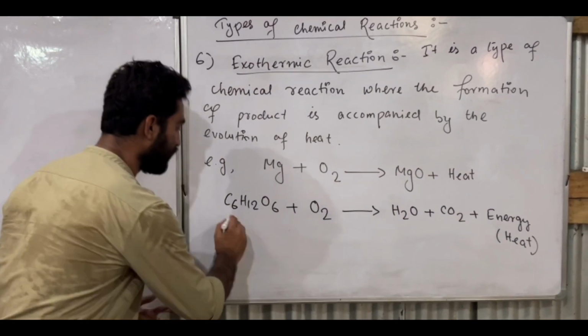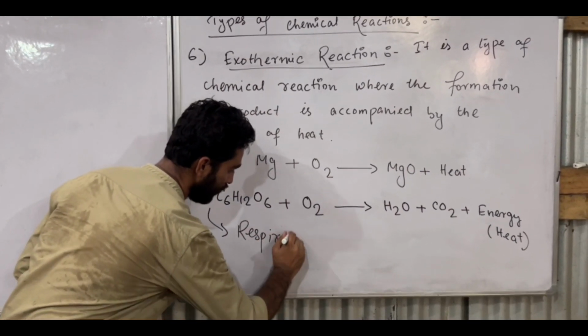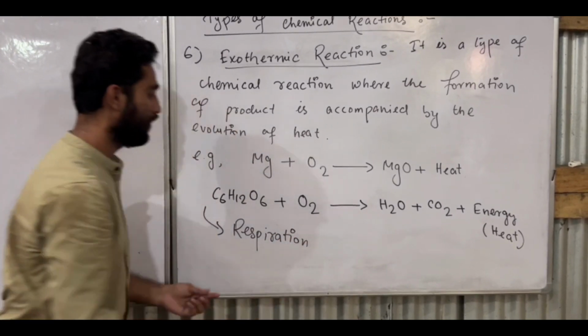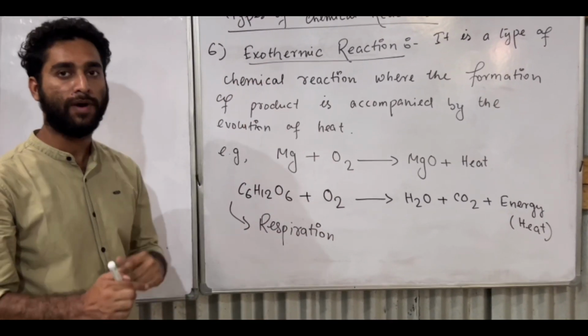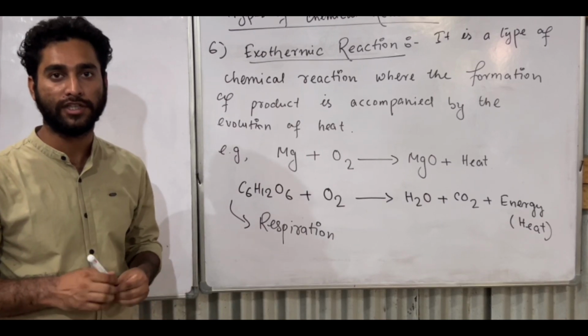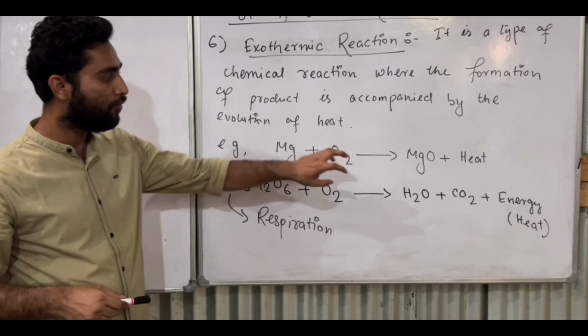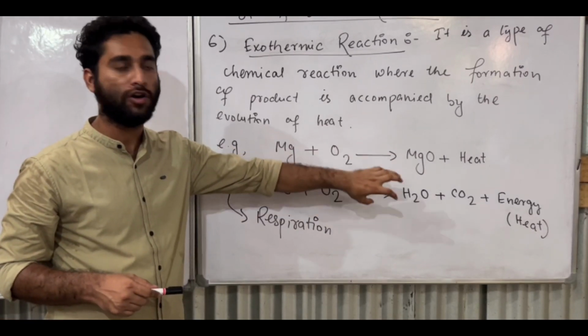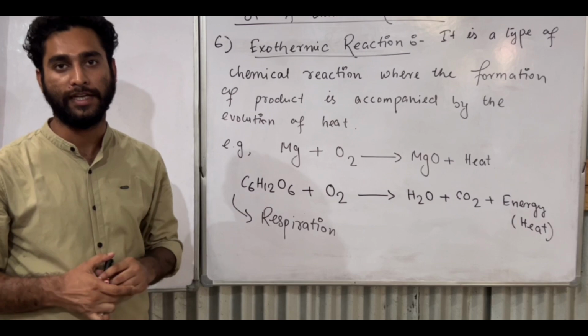So this is the reaction of respiration. Respiration is an example of an exothermic reaction. Why is respiration called an exothermic reaction? Because the glucose is broken down into water and carbon dioxide, and along with them, energy will be released in the form of heat.